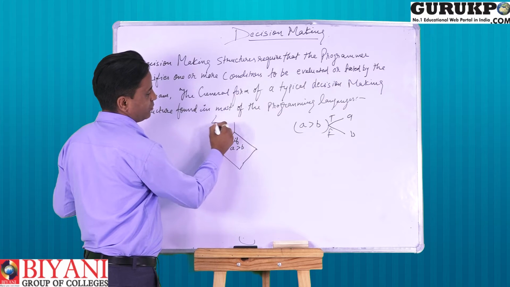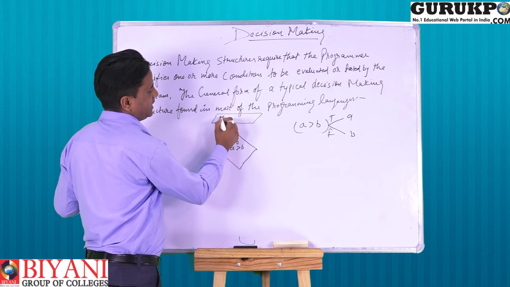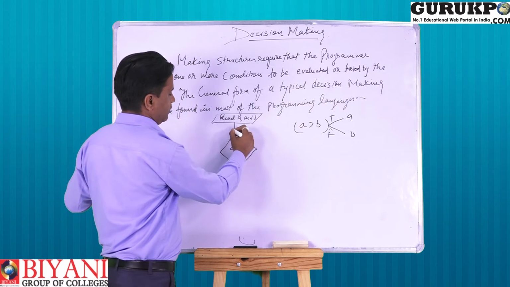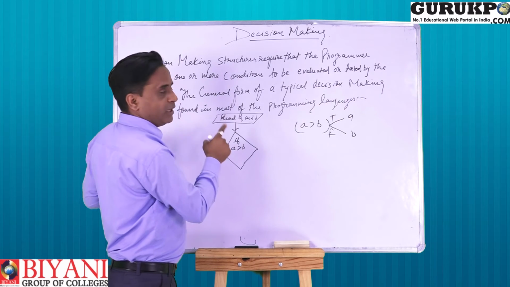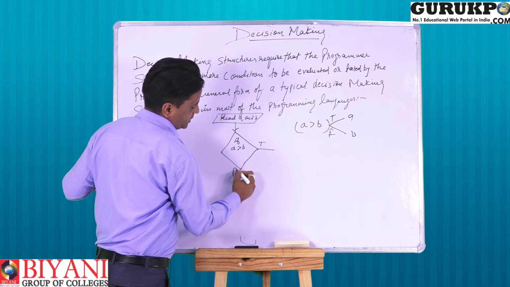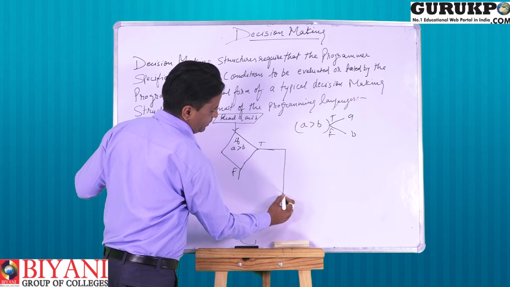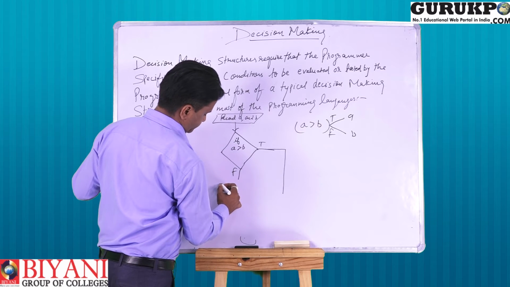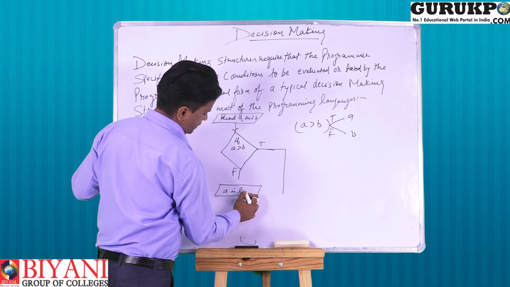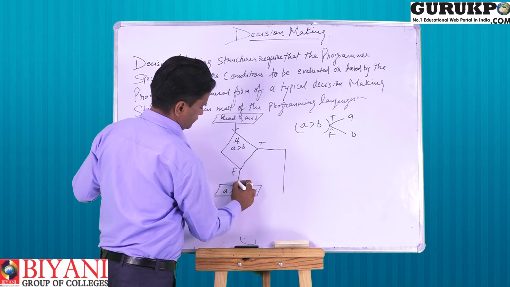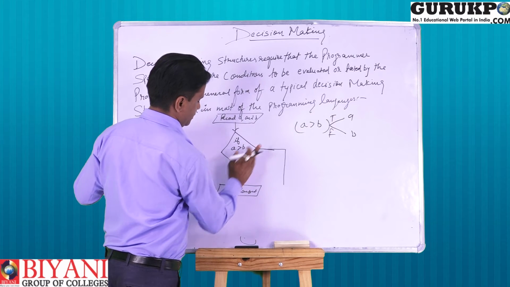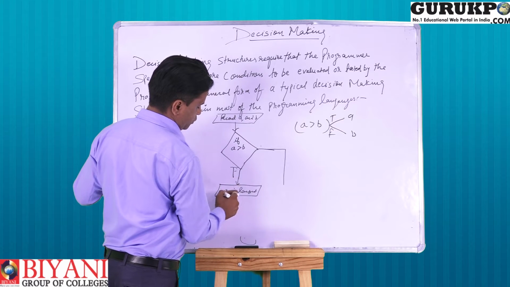First of all, we have to read values. Read A and B. Then we use the condition in a diamond box. If the condition is true, it goes to A is largest.